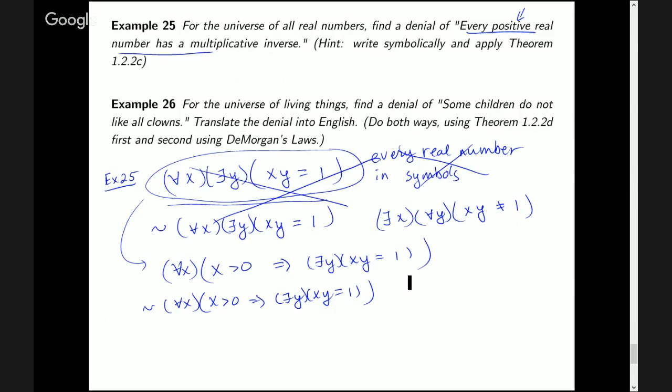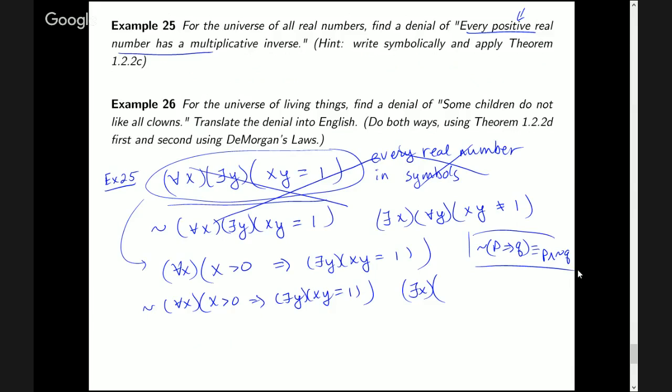So the negation of for all is there exists an x. Now, what is the negation of P implies Q? I'll write it right here. The negation of P implies Q is P and not Q. That's from our theorem in section 2 from last time.